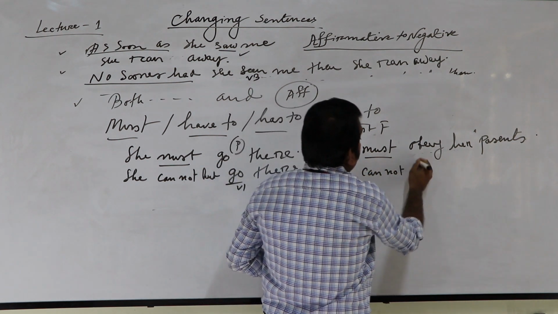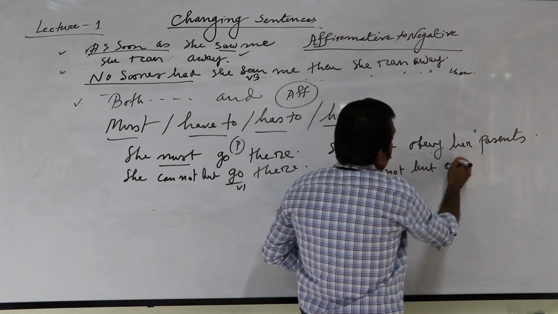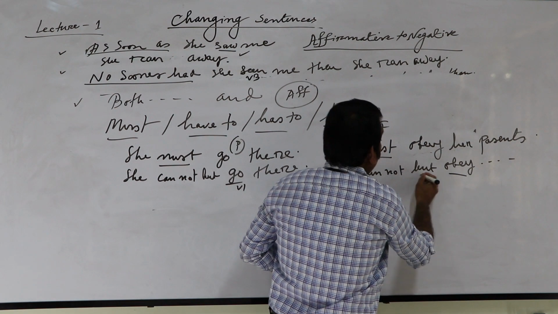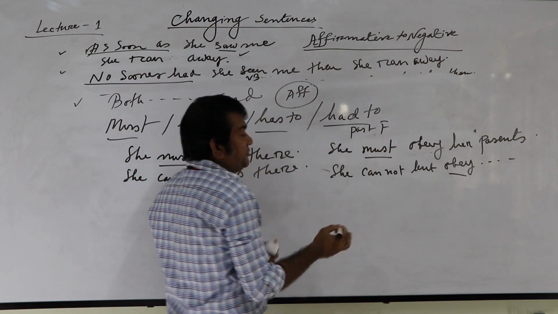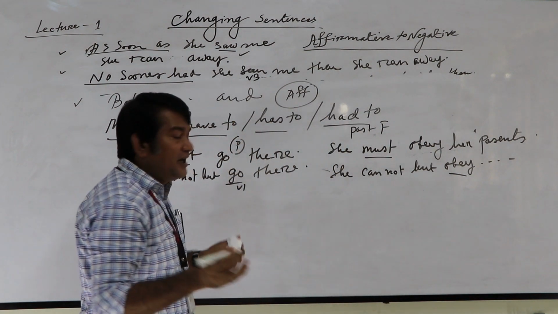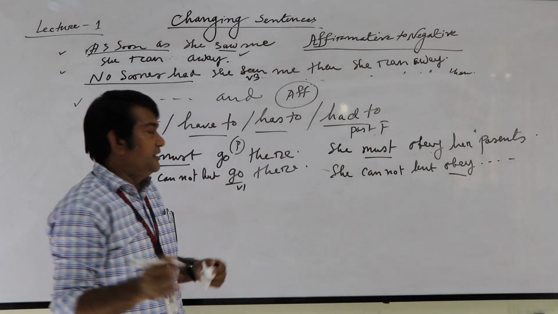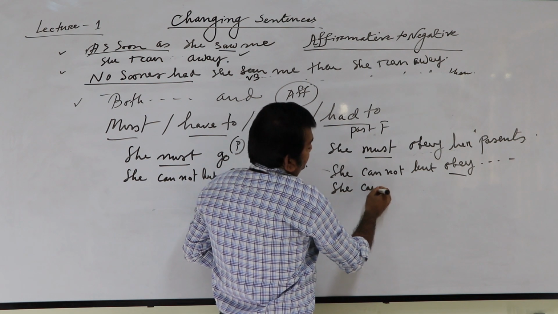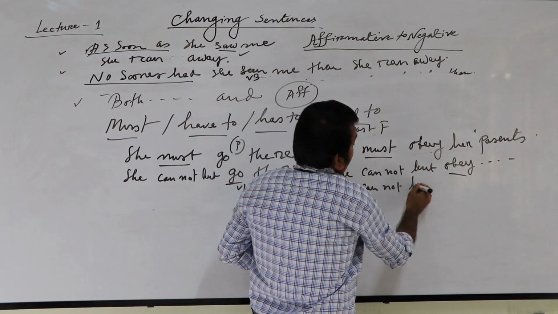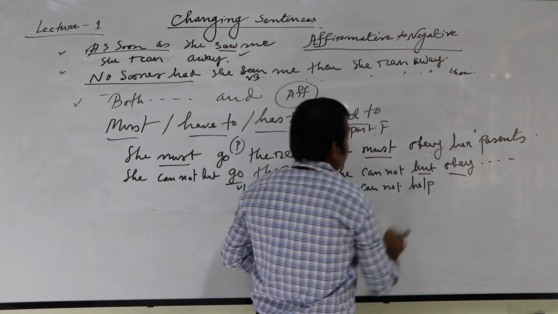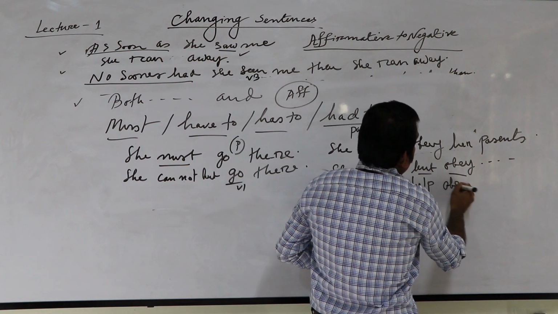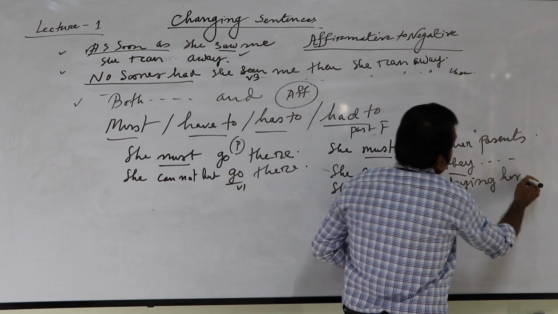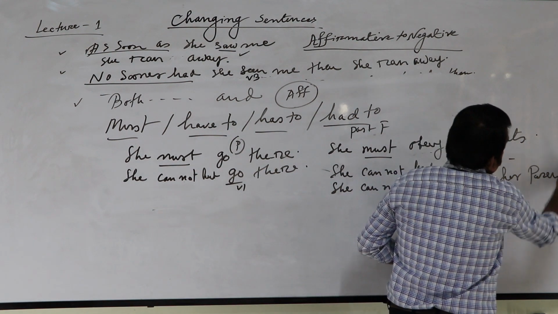She cannot but obey. Notice, again obey, after but comes V1. But if we put help in place of but, then it will be verbing, that means V4. Look, she cannot help obeying her parents.